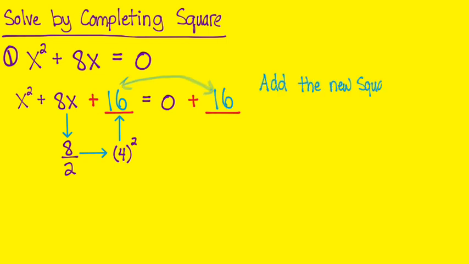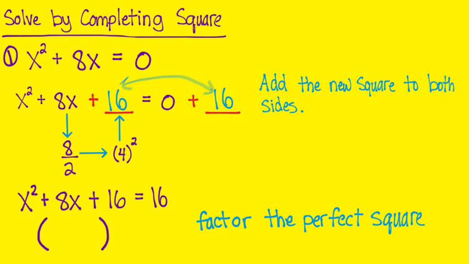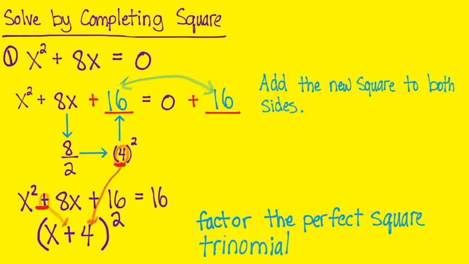I always have to keep my equations equal. So if I add or subtract one thing to one side, I have to do it to both sides, always. So then I can write this as the perfect trinomial, but I also added 16 to the other side. And now I can solve using rooting, because I know that it's a perfect square. I created it, so I know it is. Right? And that equals another perfect square.